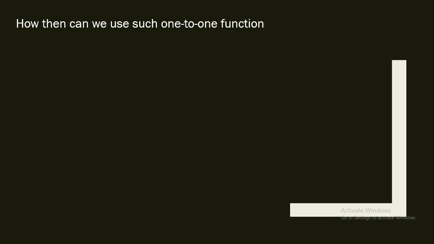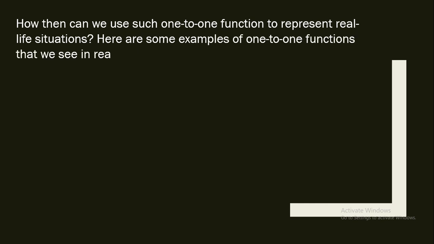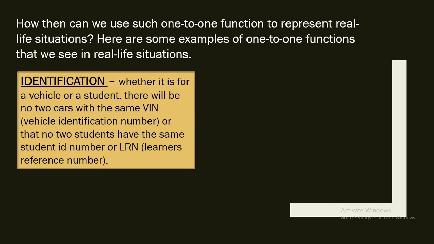how can we use the one-to-one function to represent real-life situations? So, may examples tayo dito. Okay? So, let's see if the given is a real-life situation. Identification. This one, nagbigay siya ng example, yung isa vehicle, yung isa student. Doon muna tayo sa student.